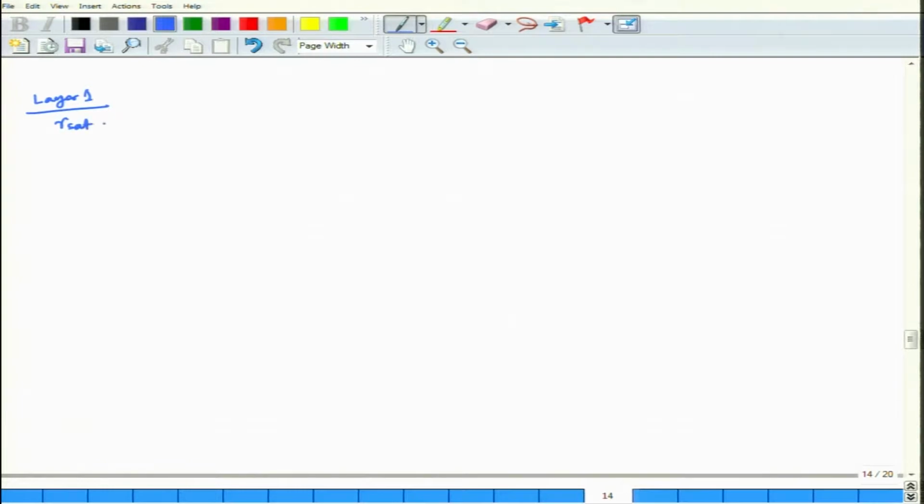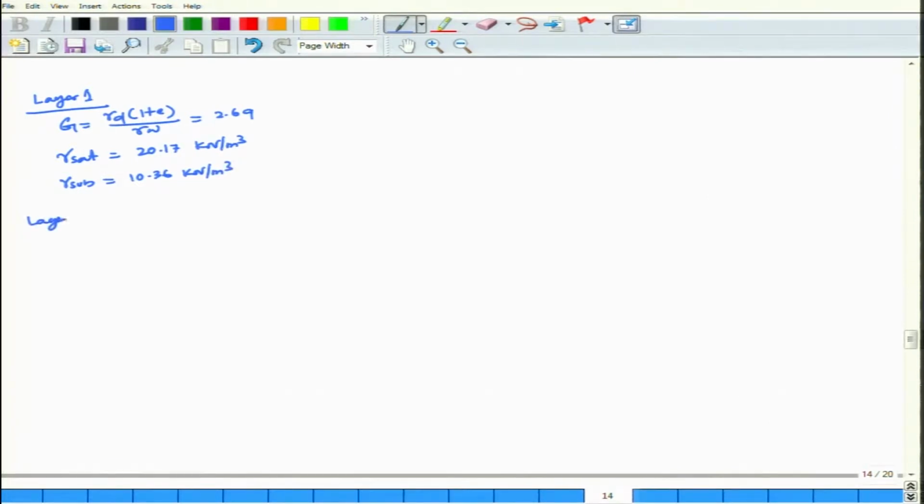Gamma saturated, layer 1: G is equal to gamma D into (1 plus E) by gamma W, which is equal to 2.69. Then gamma saturated is equal to 20.17 kilonewton per meter cube. Gamma submerged is equal to 10.36 kilonewton per meter cube.